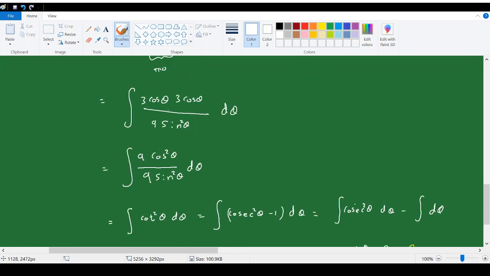Then by simplifying it a little further, you can have 9 cos squared theta over sine squared theta, and then these two 9s will get cancelled out. So what you will have is cot squared theta, right?